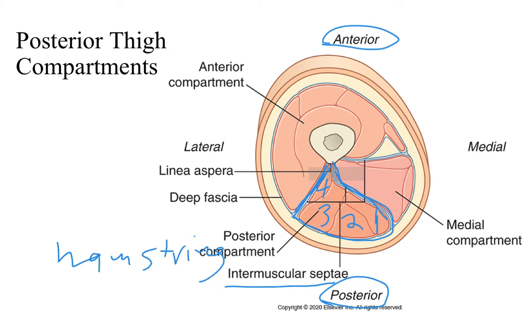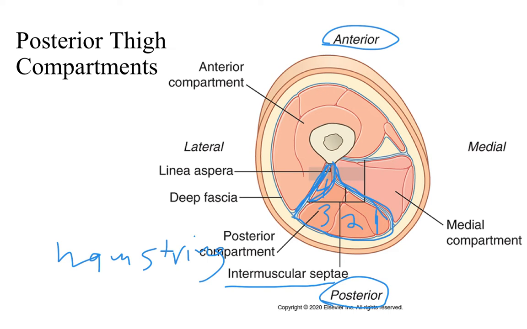Now, what we're going to find in the next slide is that this muscle right here we're not going to cover as part of these muscles, because it is part of the adductor magnus. Remember, the adductor magnus we talked about in a previous lecture has 2 parts: an adductor part and a hamstring part, or posterior compartment part.